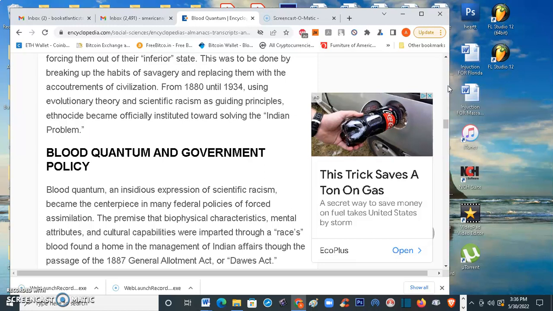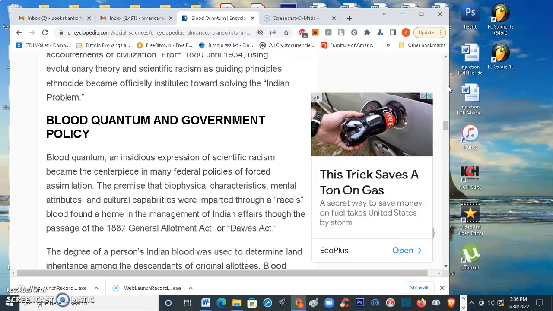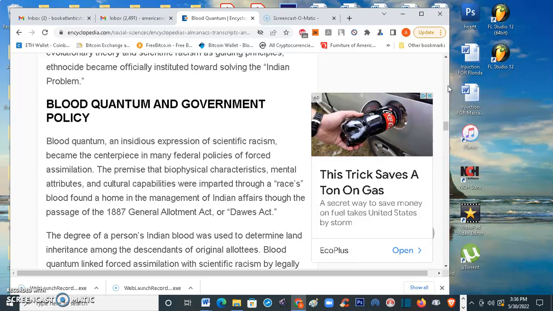Blood quantum and the government policy. Blood quantum, an insidious expression of scientific racism, became the centerpiece in many federal policies of forced assimilation. The premise that biophysical characteristics, mental attributes, and cultural capabilities were imparted through a race's blood found a home in management of Indian affairs. Through the passage of the 1887 General Allotment Act, or Dawes Act, right?